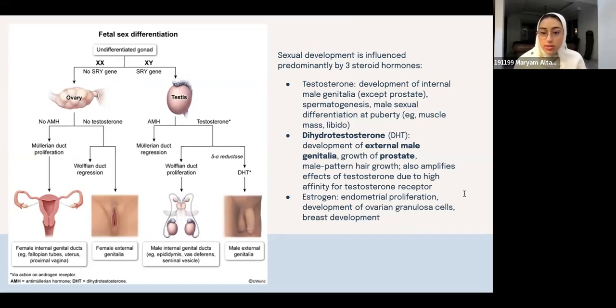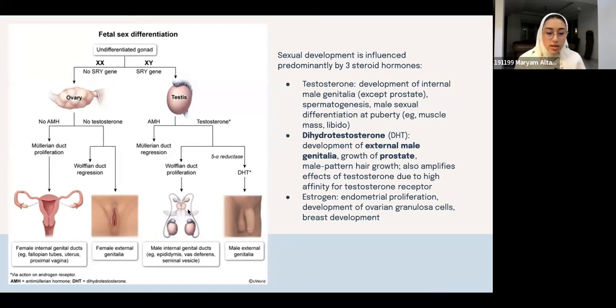Our sexual development is influenced by three steroid hormones. First, testosterone, and this leads to the development of our internal male genitalia, except for the prostate. So this is what we can see here: our male internal genitalia, which is the epididymis, the vas deferens, and the seminal vesicle.